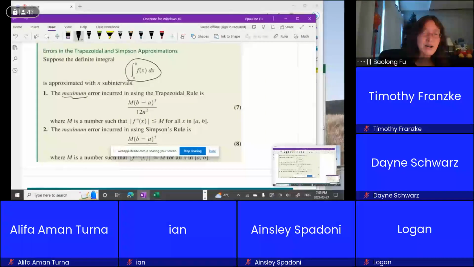The maximum error when using the trapezoidal rule is this expression, where M is a number such that the absolute value of the second derivative is smaller or equal to M for all x in [a, b].